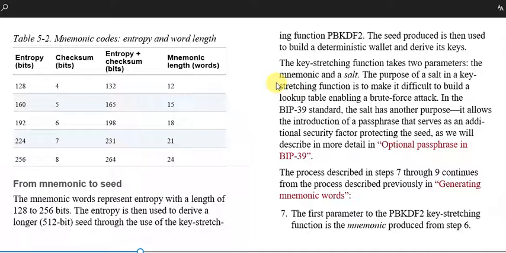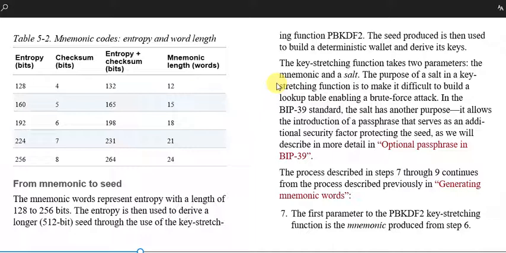The purpose of a salt in a key stretching function is to make it difficult to build a lookup table, enabling a brute force attack. In the BIP 39 standard, the salt has another purpose. It allows the introduction of a passphrase that serves as an additional security factor protecting the seed, as we will describe in more detail in optional passphrase in BIP 39.